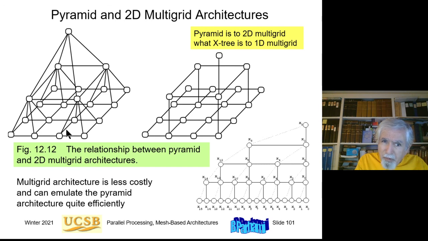It has 4 neighbors on the lower layer, and then 1 neighbor in the higher level. Now this one reduces the node degree because it's now 6. There are 4 neighbors in the same layer, 1 neighbor above, and 1 neighbor below at most. So it reduces the node degree.